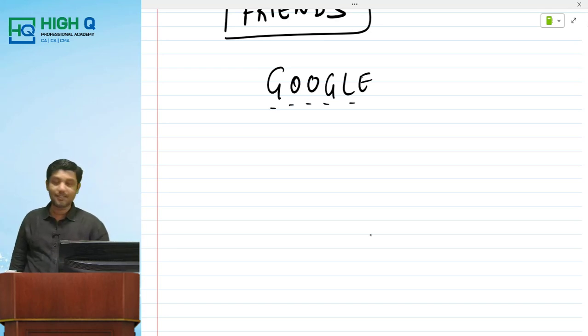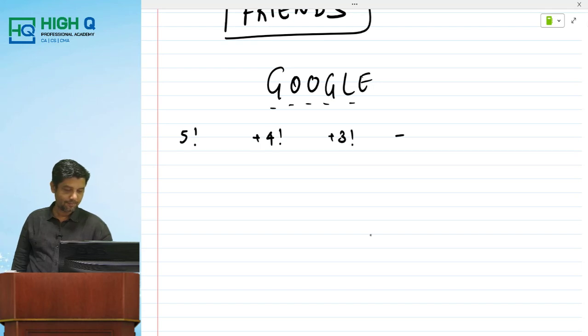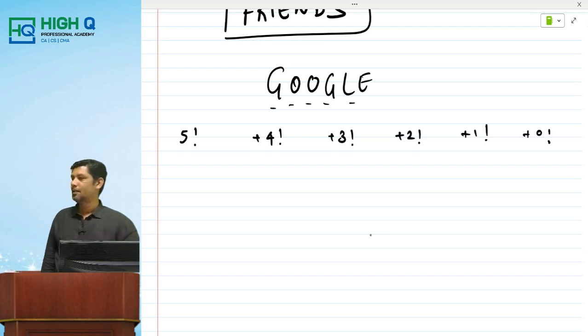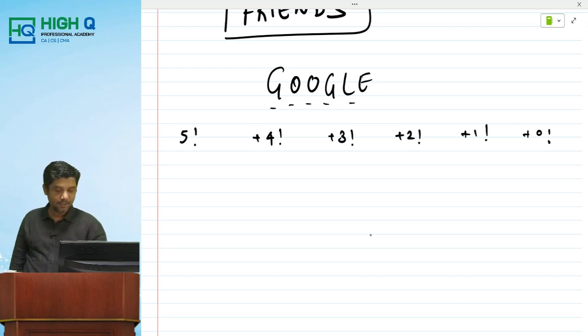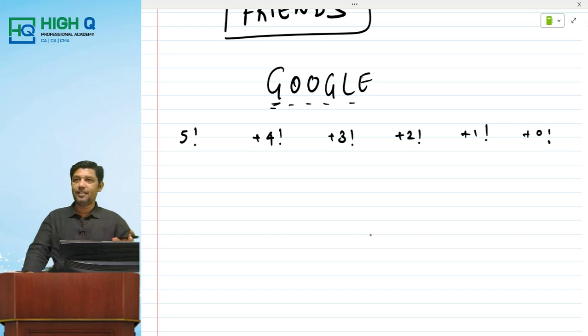How many letters? So what you'll do? Now, first we'll start with G. Do we have any letter which is less than G on the right hand side of G?